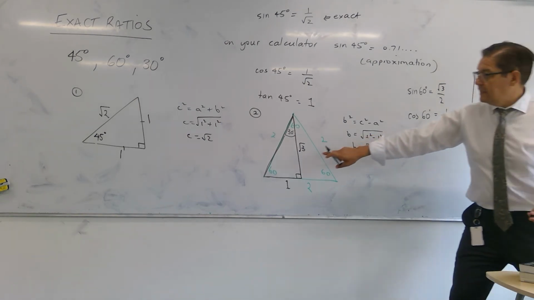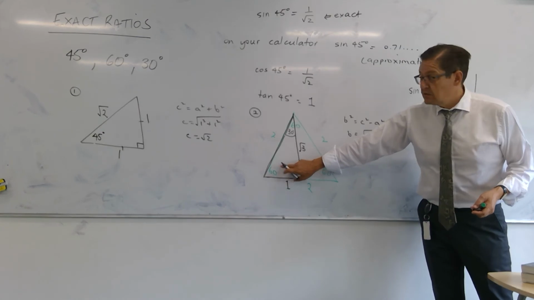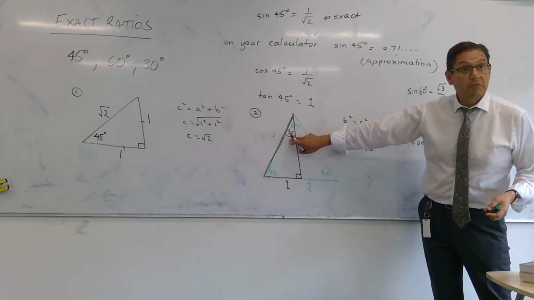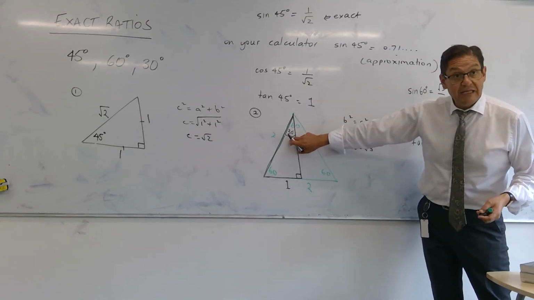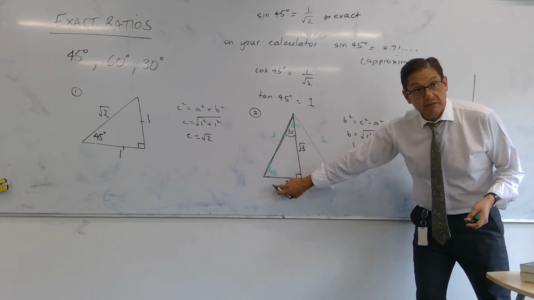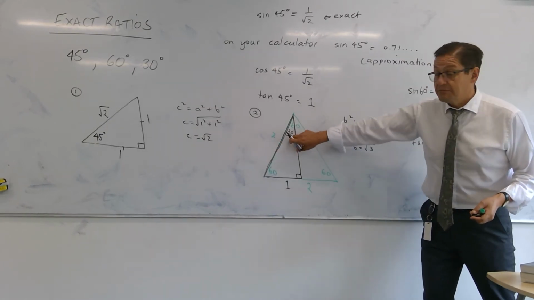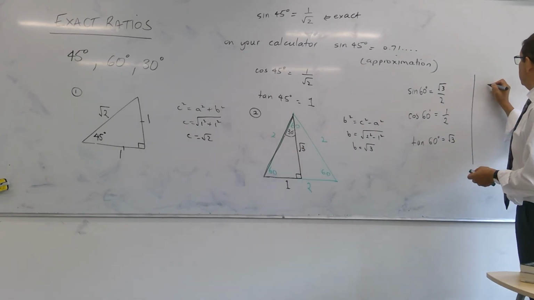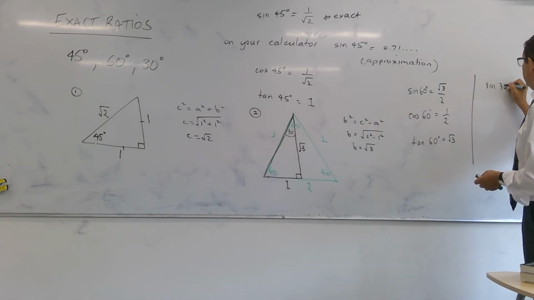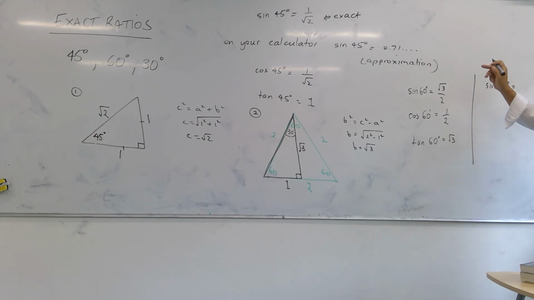But what about if instead of using this angle, I use this angle? Sine of 30 would be opposite over hypotenuse. See, because now I'm using this angle. Opposite to the 30 is 1 on 2.